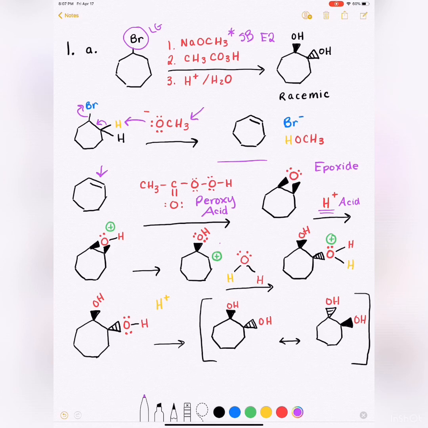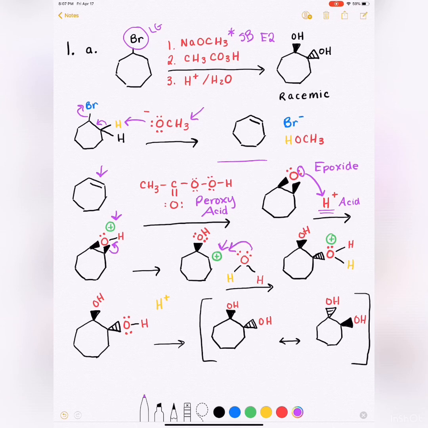opening. So these lone pair electrons on the oxygen will reach out and attack that hydrogen, creating a positive formal charge on this oxygen. This bond will collapse back onto the oxygen to satisfy that formal positive charge, creating this carbocation. That leaves it open to nucleophilic attack by the water in solution.